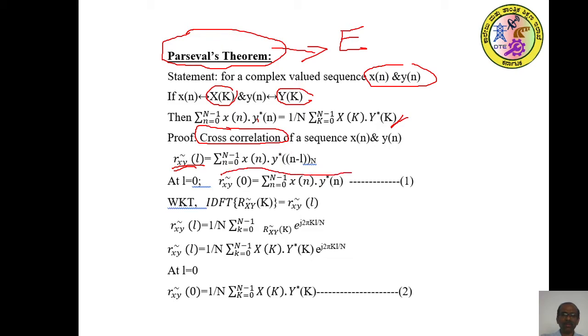This is a very important formula. Correlation evaluated at L is equal to 0 will give you the energy of the signal. You would have been taught this in your statistics and linear algebra class in 4th semester. There they would have taught you autocorrelation, cross correlation and their properties, but at least remember that autocorrelation evaluated at the origin gives rise to the energy of the signal. So formula 1 is ready.